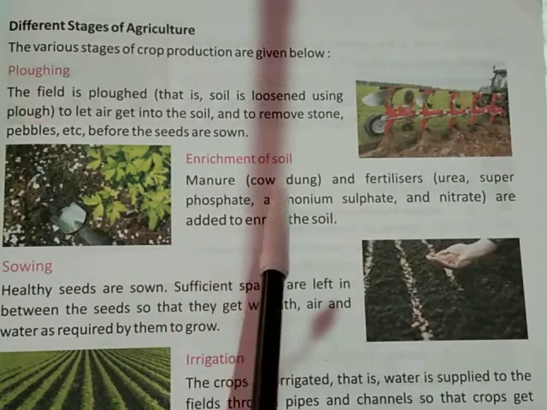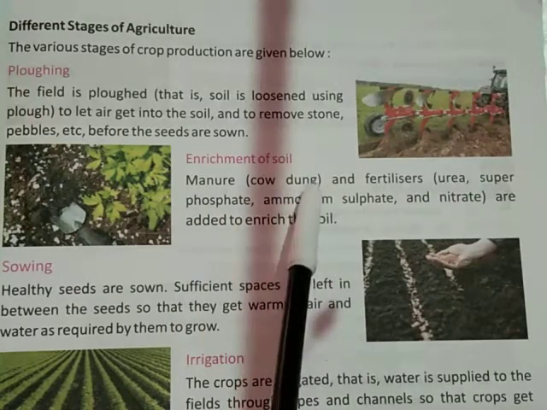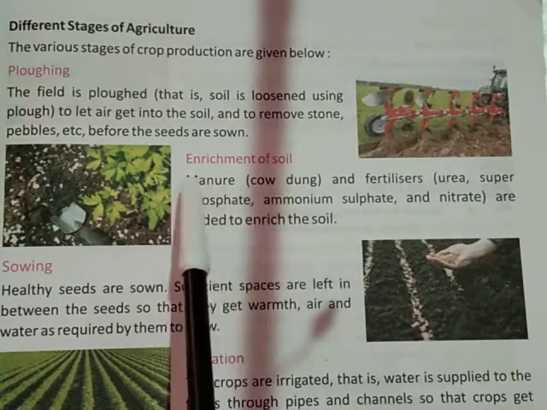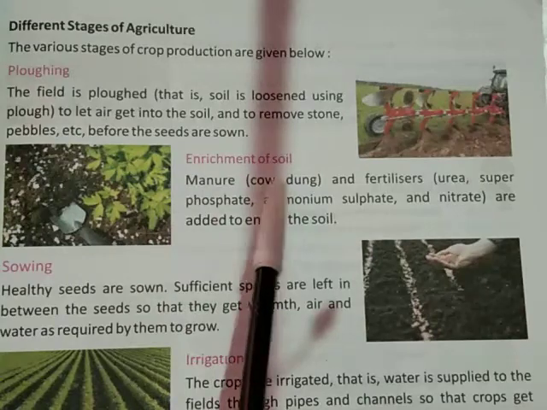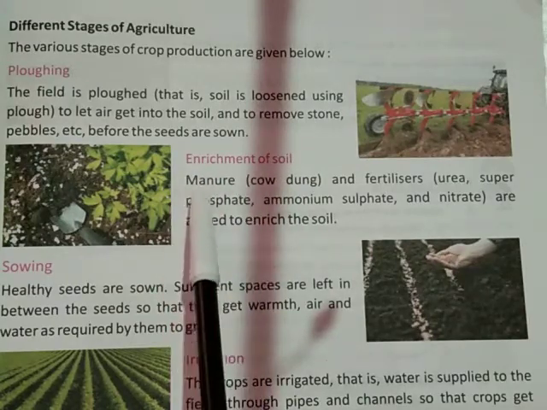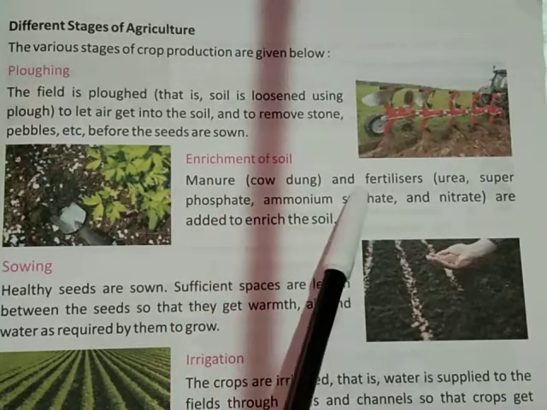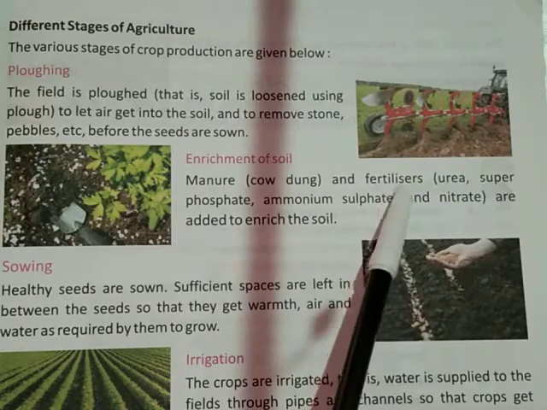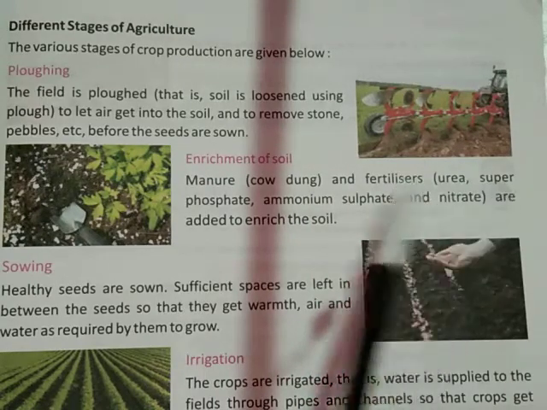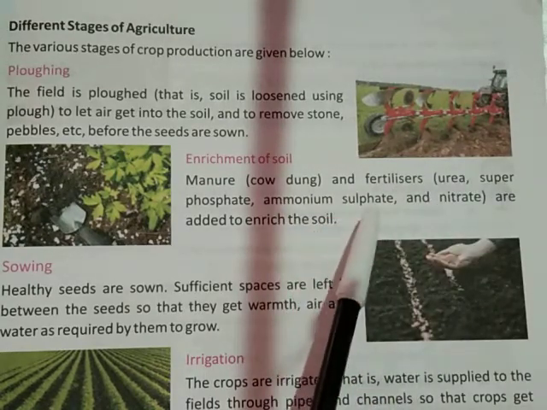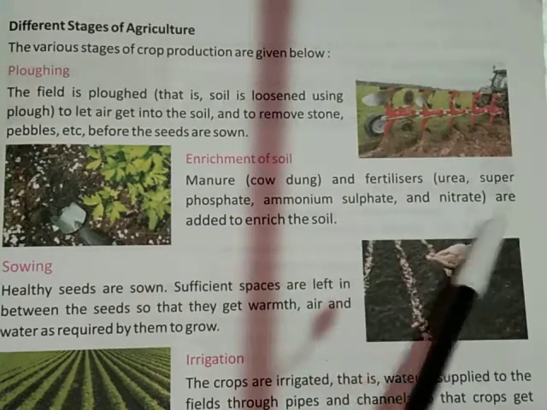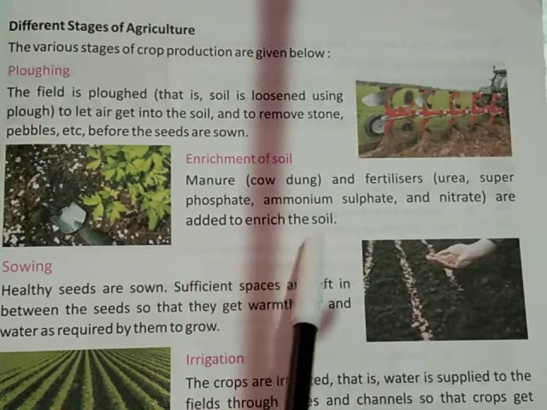The manure is cow dung, also leaves and vegetable waste that can be converted into manure. We also add fertilizers such as urea, superphosphate, ammonium sulfate and nitrate to enrich the soil.